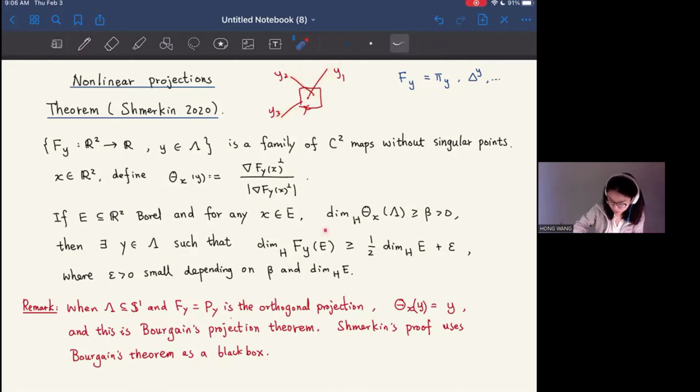And I want to say that this condition acts much the same as what we have seen before. In other words, we need a lot of directions, and that's where this condition comes from. Are there any questions about the statement?